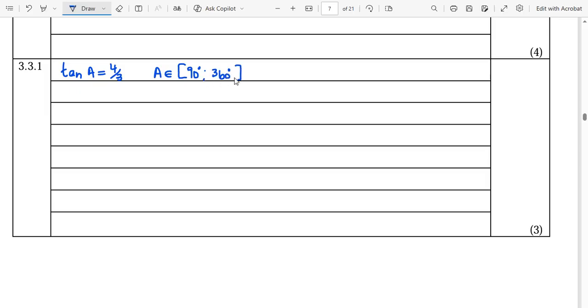Right, so let me draw the diagram and see which quadrant we need to work on. If this is 0 degrees, this is 90, and I'll have 180 and 270 degrees. I'm going to put a tick in this quadrant, a tick in this quadrant, and a tick in that quadrant for the interval.